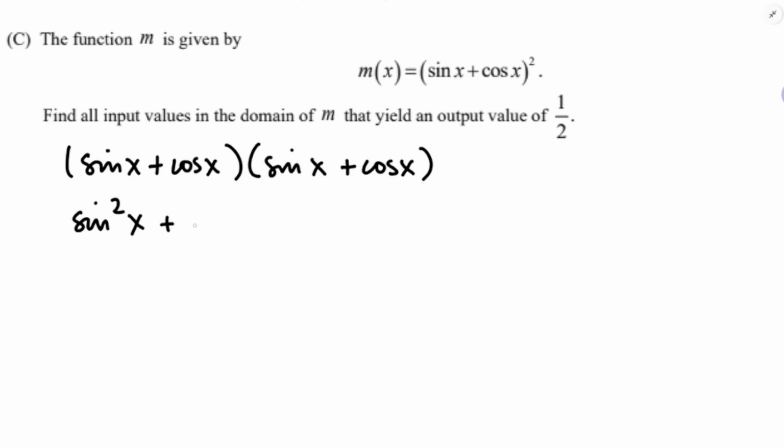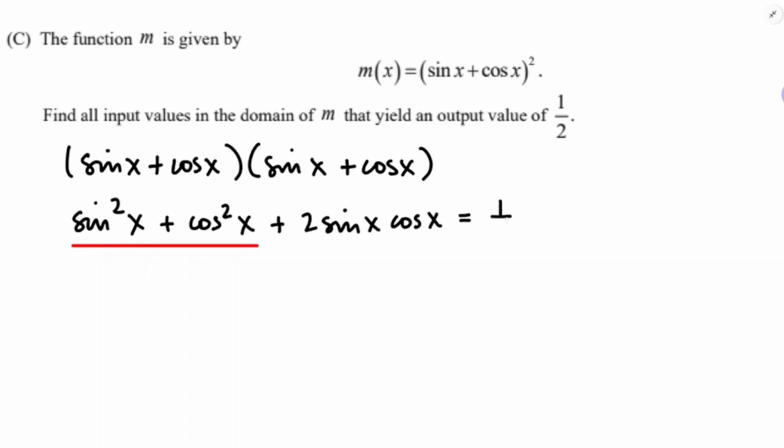Outside, maybe I'll do last next. Cosine x times cosine x is cosine squared x. I definitely want those together because maybe you see where I'm going with this. And then plus cosine x sine x plus sine x cosine x. That's going to be 2 sine x cosine x. Oh, wow. This one's kind of intense.